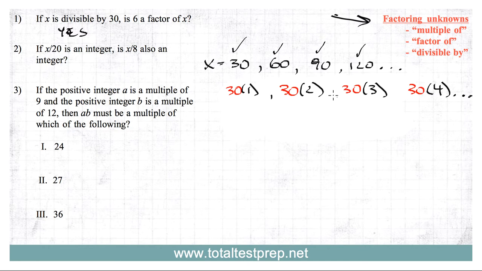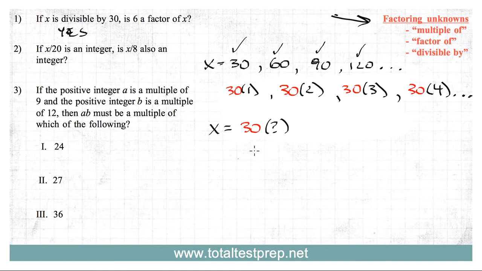So if a number is divisible by 30 or a multiple of 30, it's 30 times something. So x is actually 30 times some unknown.